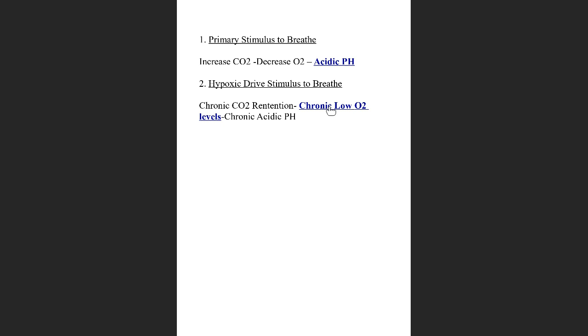That CO2 retention will lead to chronic low O2 levels. The body is going to realize that this is a chronic state, and then it shuts off the primary stimulus. So only the hypoxic drive remains, which is the backup. The hypoxic drive, as its name suggests, responds to low oxygen levels. That is the stimulus to breathe.